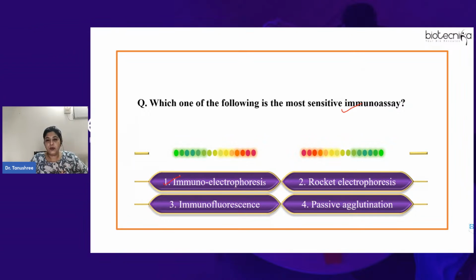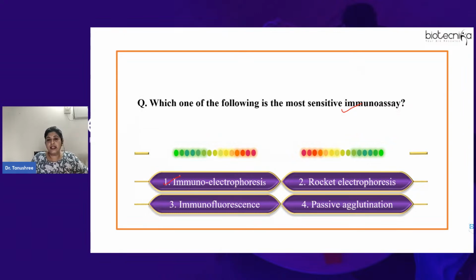So are you familiar with the terms precipitation reaction or agglutination reaction? And what is the meaning of sensitive? When you say a particular technique is sensitive, there are two terms, sensitivity and specificity, right? Whether a particular technique is effective or not depends upon the sensitivity and specificity, right?